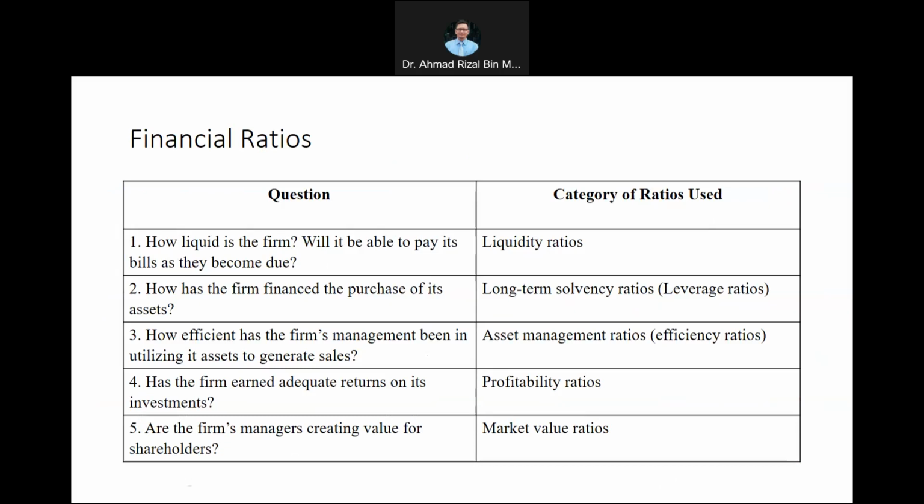Then we go to leverage or long-term solvency ratios. This is basically looking at the capital structure. We are interested to look at the balance sheet and the capital structure to see how much is financed through debt or borrowings as opposed to equity. And thirdly is asset management or efficiency, sometimes called activity ratios.